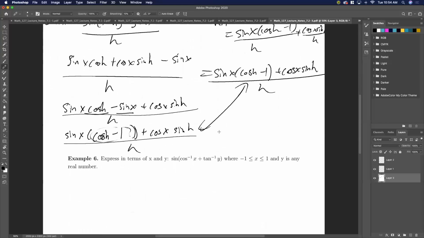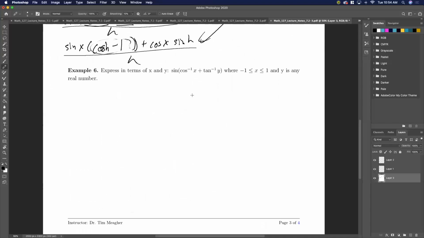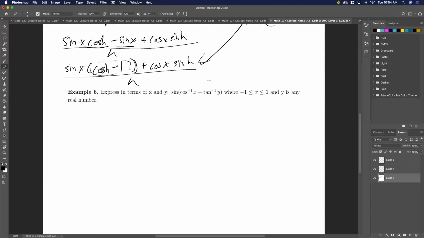So here I give you a homework problem like this. And so let's figure out how we're going to do this mess, right? And this is what I mean about thinking mathematically.